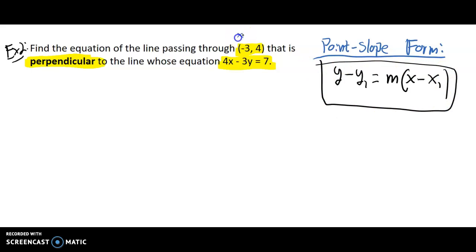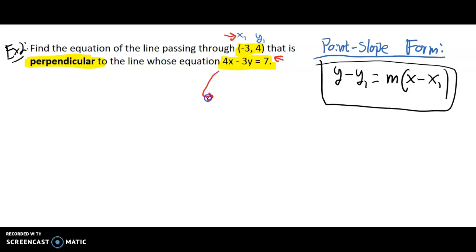So here's my x1, here's my y1. So telling us we need to find a line that goes through this point and has a slope perpendicular to this line. So our first step is going to be to find the perpendicular slope.